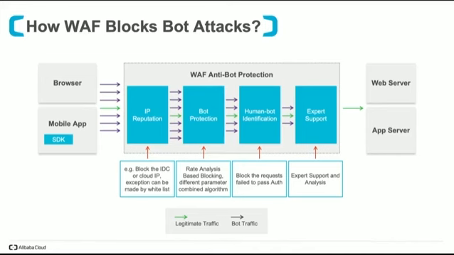And then there might be some very advanced bots, or even humans trying to scrape the data from your site. At the last level, we could put in a human expert to provide advanced support for our customers. So in the end, after this, you can see the green arrow in the middle. It should be just the legit traffic coming out of the web.